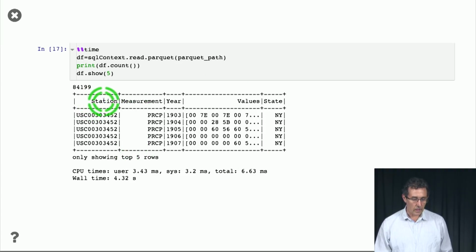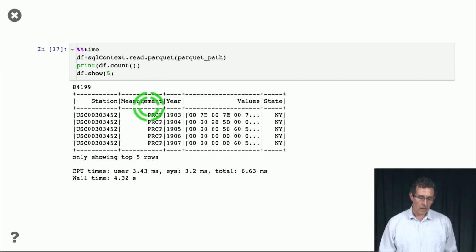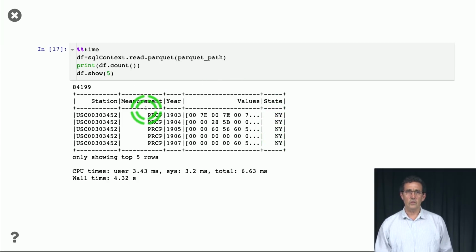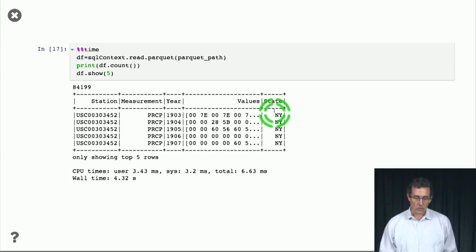It has the following columns: the station name, the station index, the measurement type. So this PRCP stands for precipitation, then the year the measurement was taken, and the state in which this measurement is, because we're going to concentrate on stations in the United States, so they will all have a meaningful state.